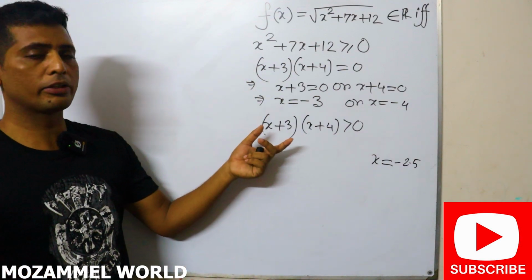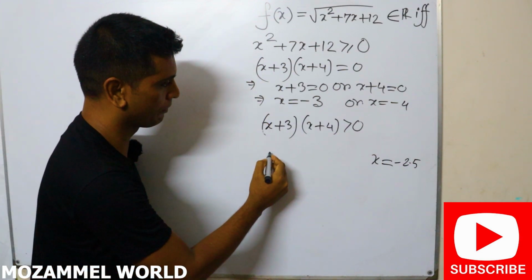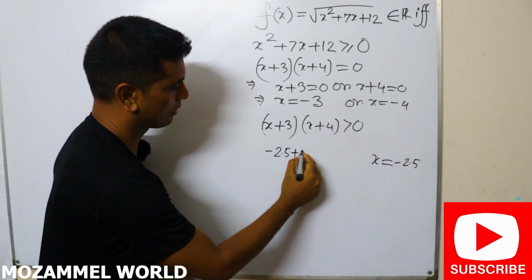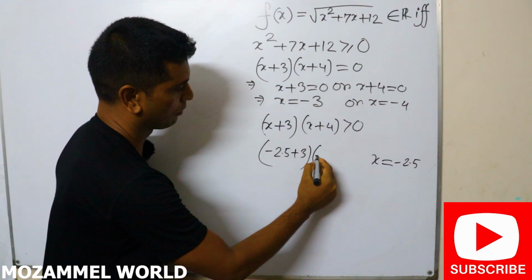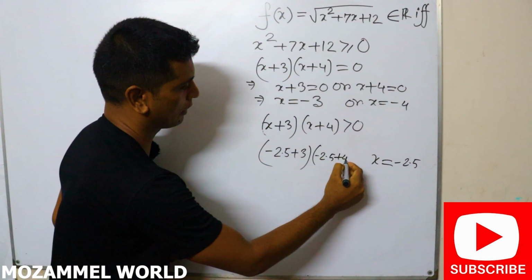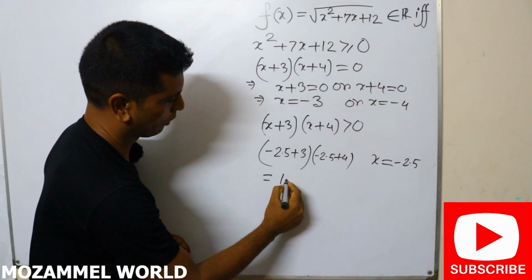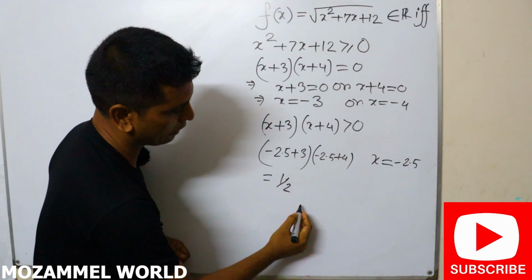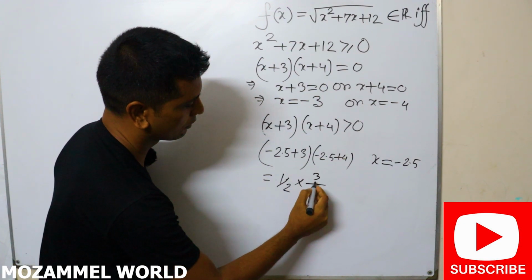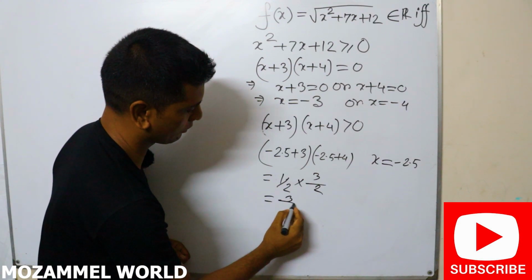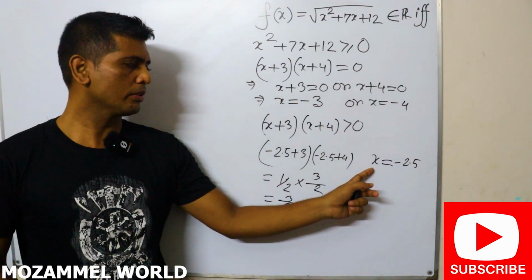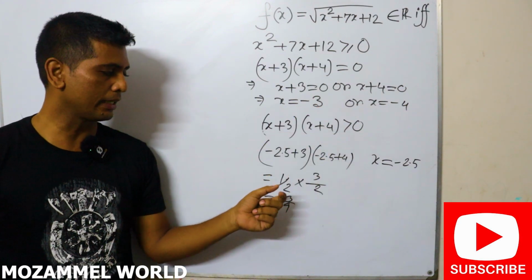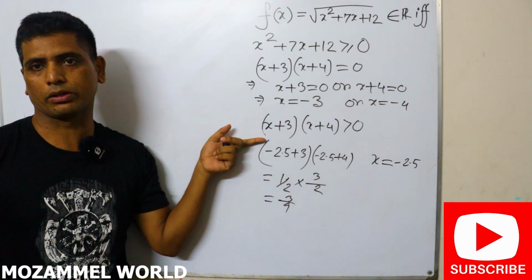If I put minus 2.5 here, what will happen? Minus 2.5 plus 3 gives 1/2, and minus 2.5 plus 4 gives 3/2, that means 3/4. So when I put x equal to a value greater than minus 3, that also satisfies our condition.